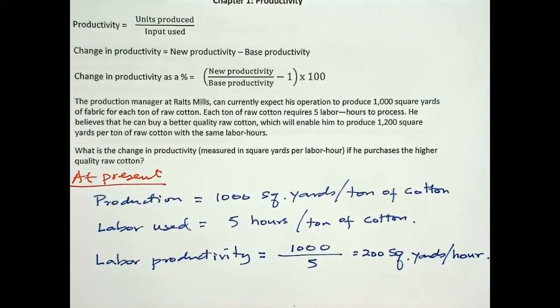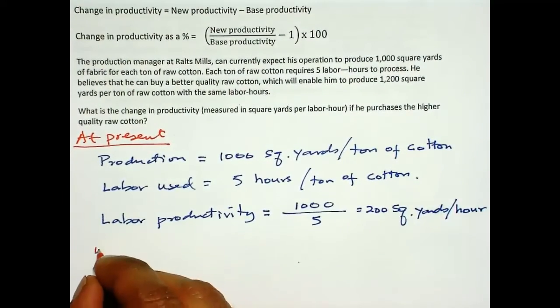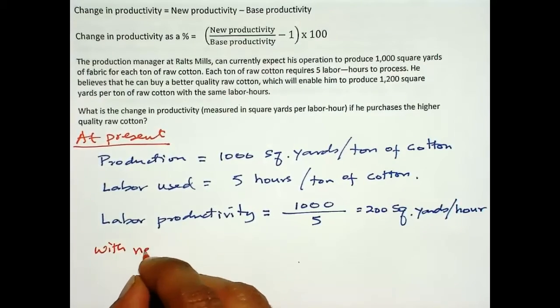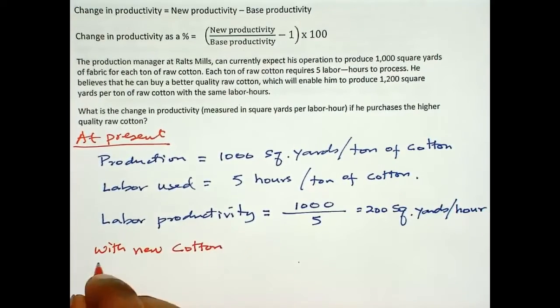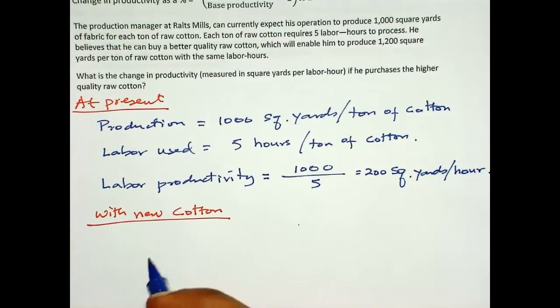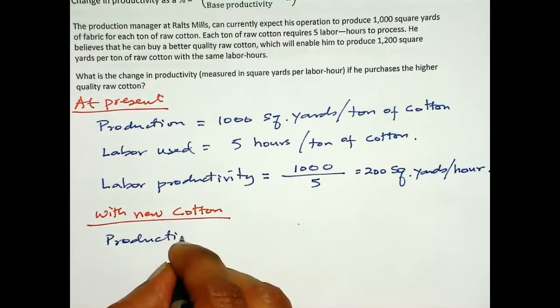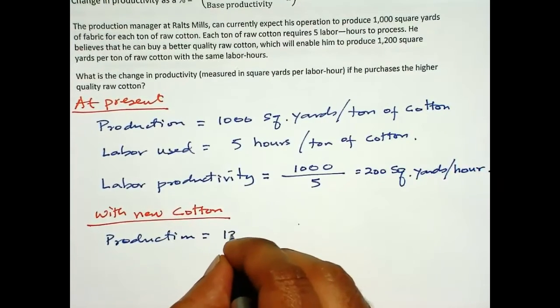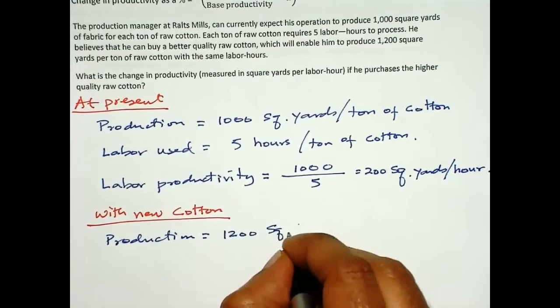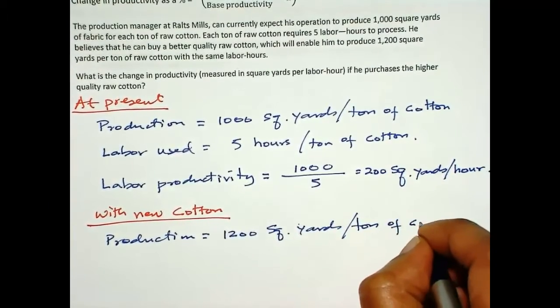Now when we have new cotton, then what? Now with new cotton, production is 1,200 square yards per ton of cotton, right?